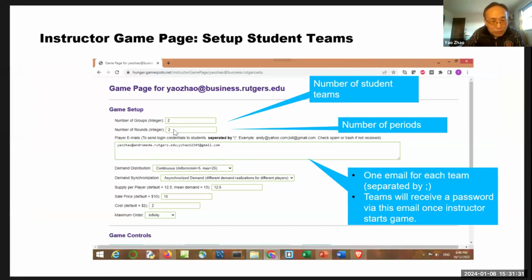Typically 6. Once you determine this, you can put all your student teams' or students' email addresses right into this box below, separated by semicolons. For example, I have 2 players here. I use myself to do an experiment, so 2 of my email addresses are separated by a semicolon.